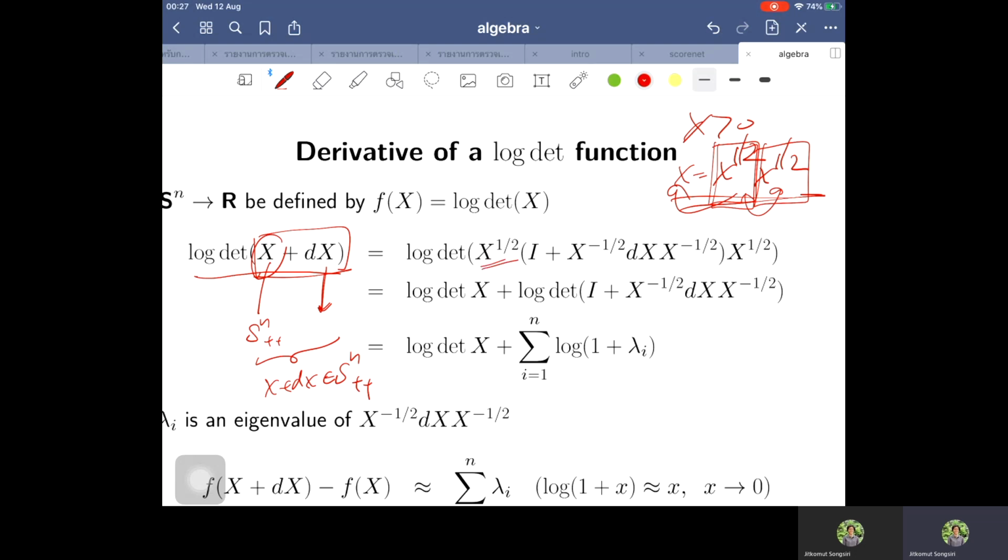Now, which means I can make a factor of square root. Okay, I factor it out, pre and post. Then I need to compensate here with dx with the inverse of x square root. Okay, I hope it's clear.